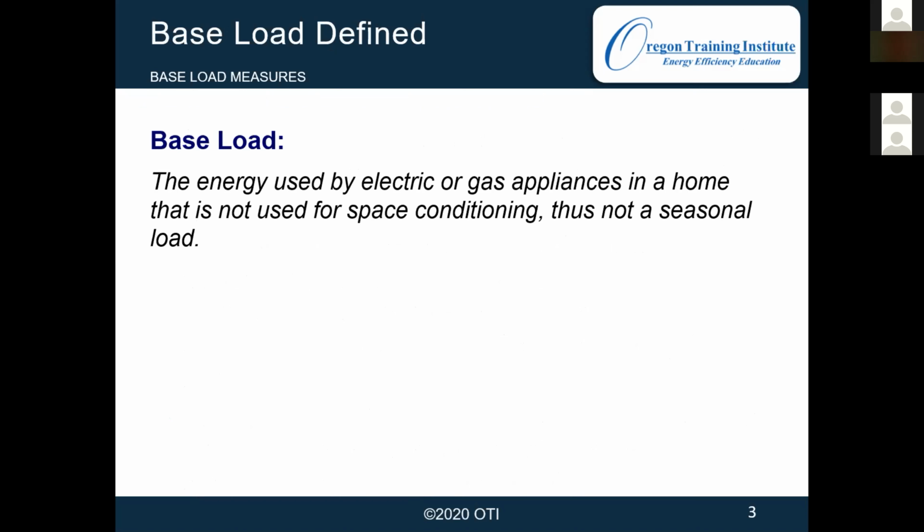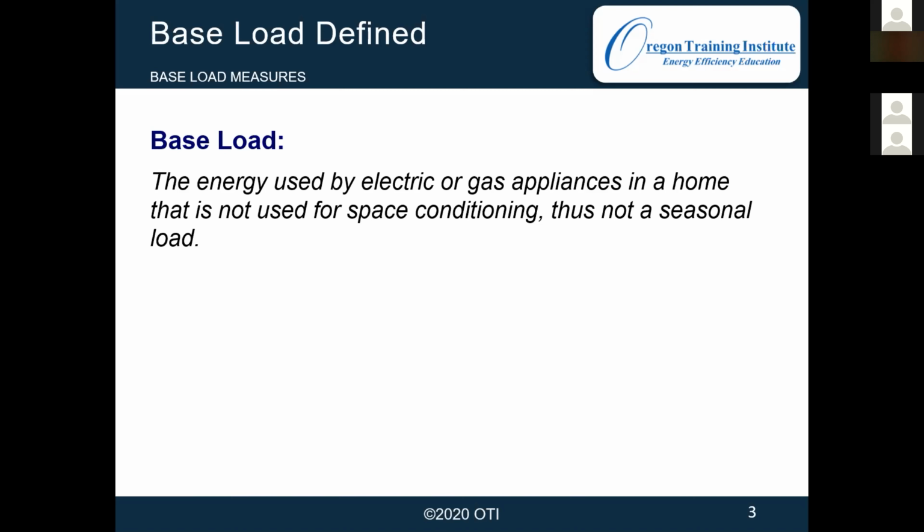Depending what kind of field you're in, base load can mean a lot of different things. In weatherization and energy home performance, we're talking about the energy, this can be electric or gas or other, that the home uses but is not associated with heating or cooling. So it's kind of the energy they're using all the time except for heating and cooling.